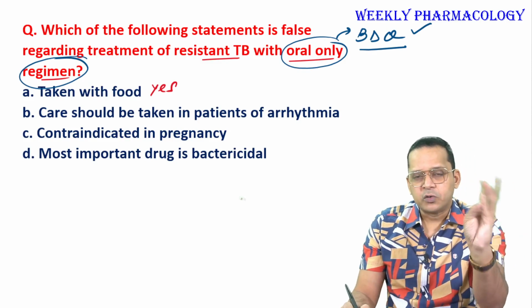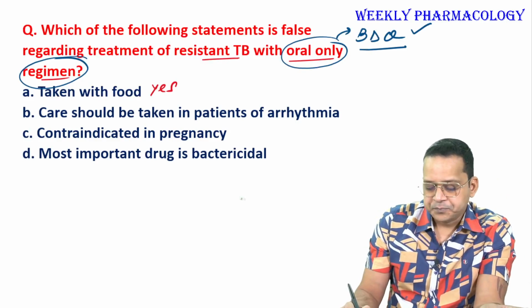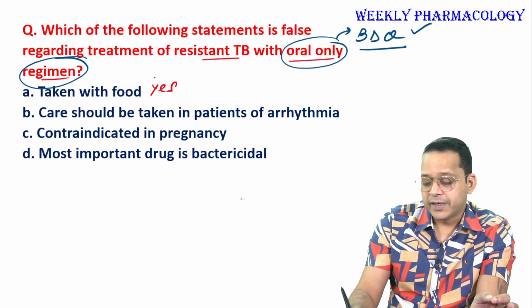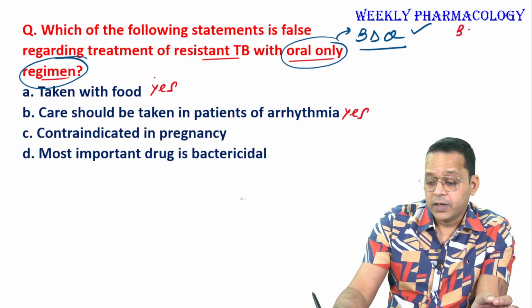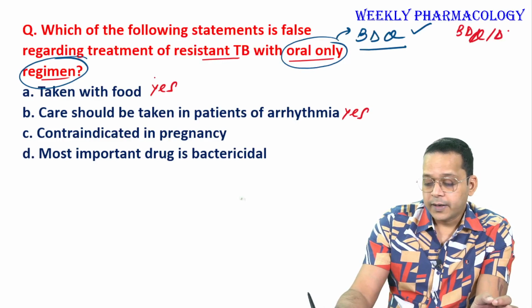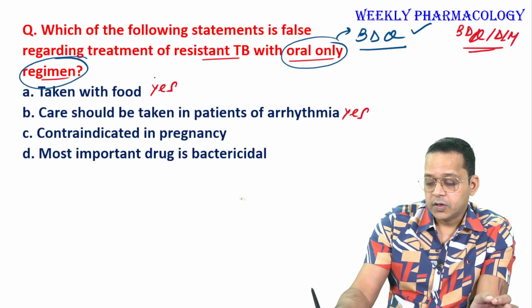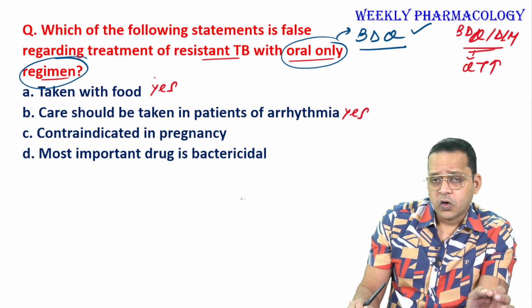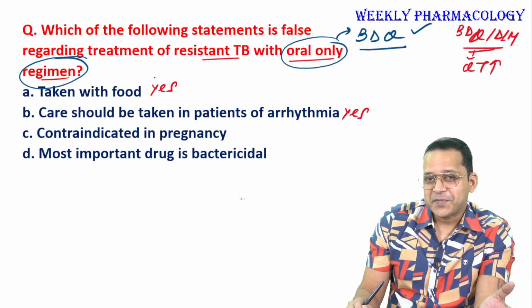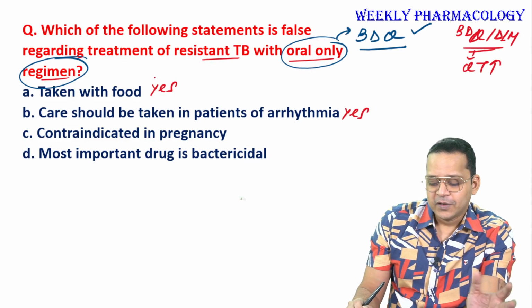Bedaquiline, delamanid, pretomanid, all should be taken with food, right? Care should be taken in patients of arrhythmia, yes or no? Yes. That is the reason why, because bedaquiline and delamanid, these are three drugs which can cause QT prolongation. So I should avoid them, to be specific, in arrhythmia. Contraindicated in pregnancy, yes or no? What do you think? All right, let us leave this question. Let us come to option D.